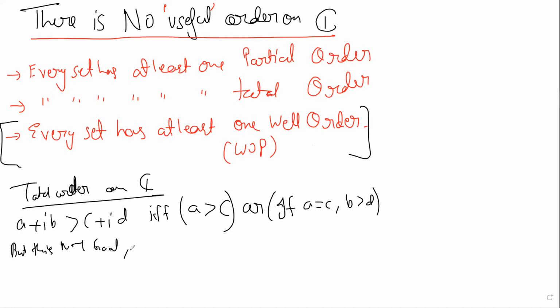because the reason is that when you put an order on a set, see, the complex numbers are not just a set. The complex numbers come with an addition and they come with a multiplication. So if you are putting an order, this is not good because I'll explain this.